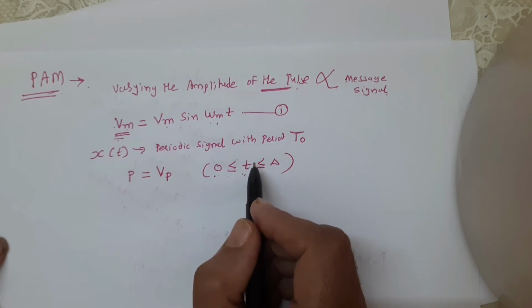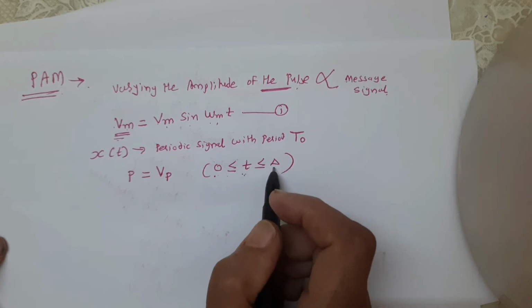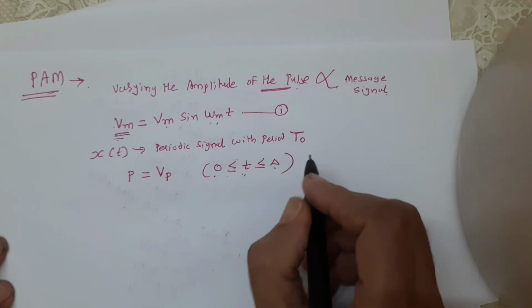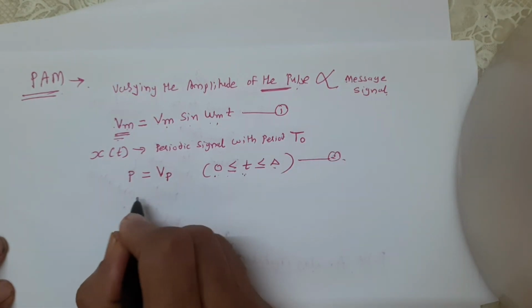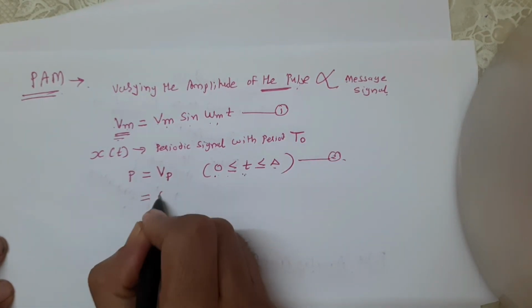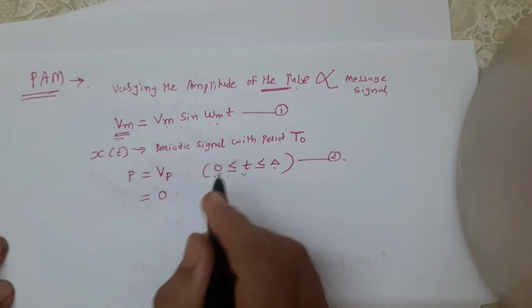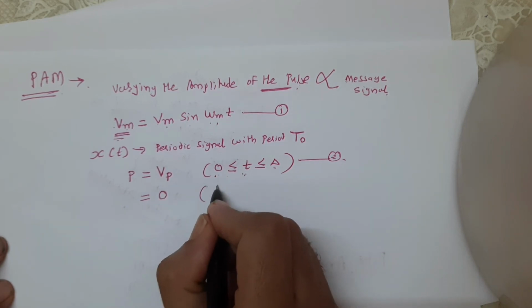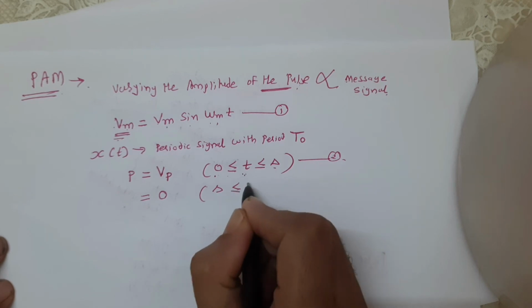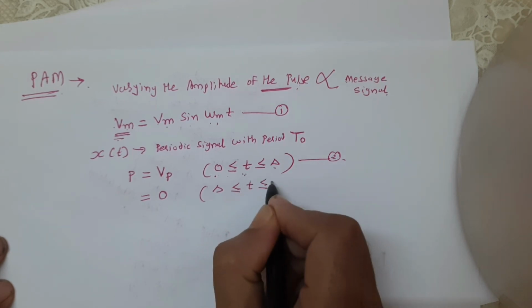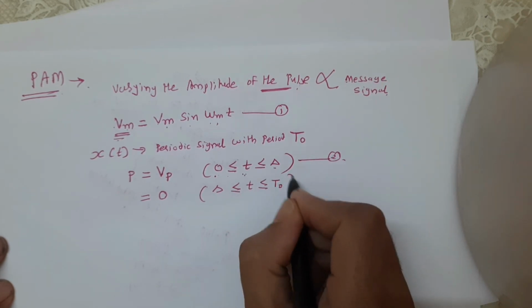Delta is the width of the pulse and the leading edge of the pulse. This is our first equation. The second equation: p(t) is equal to 0 when delta is less than or equal to t, which is less than or equal to T0, the period.